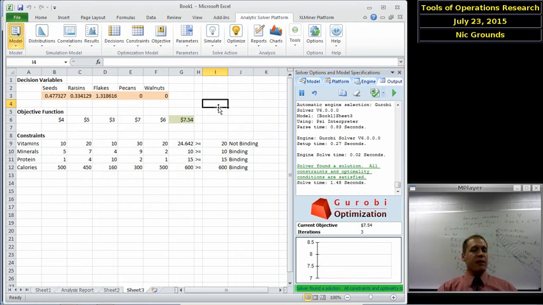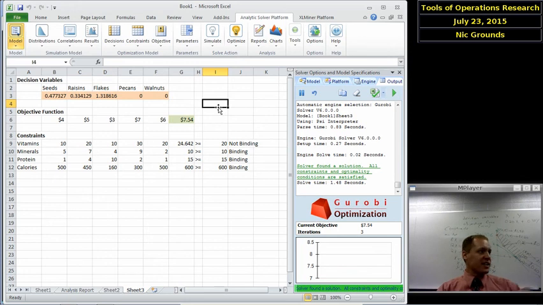You will be asked on the assignment to describe the optimal solution. Okay, that can be answered in many different ways. So I'm not looking necessarily for one specific answer. If I were answering that question for this particular problem, I would say something to the effect of, we use no pecans and walnuts and mostly flakes.